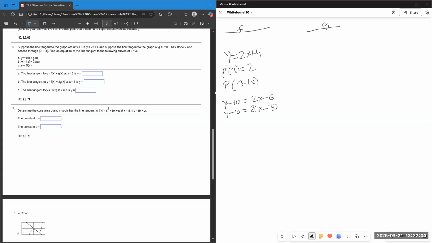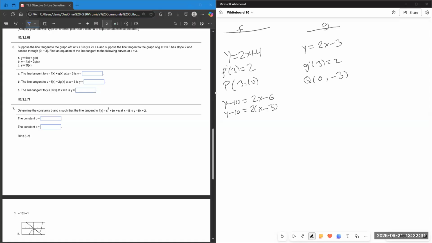And g has a slope of 2 and goes through (0, -3). Well, that makes this a lot easier for the tangent line. This is going to be 2x minus 3 for its tangent line.